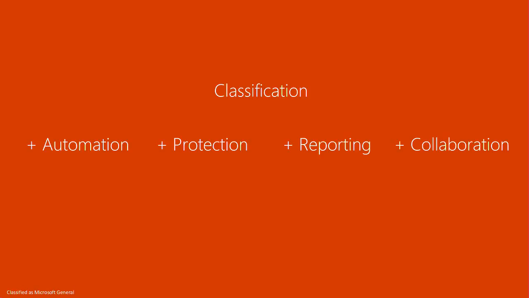We have protection capabilities, we have reporting capabilities, and of course, most importantly, we have collaboration capabilities as well. So the idea is that I might create some classified information, but I'm still going to need to collaborate with other people in my team and potentially with other people in a partner organisation as well. We have those capabilities built into AIP also.